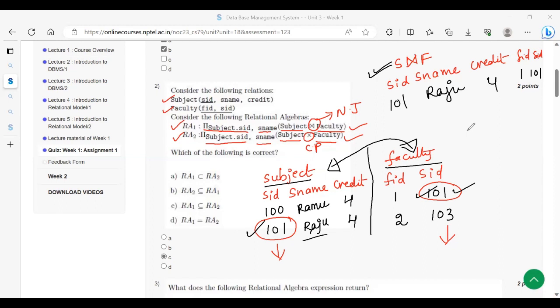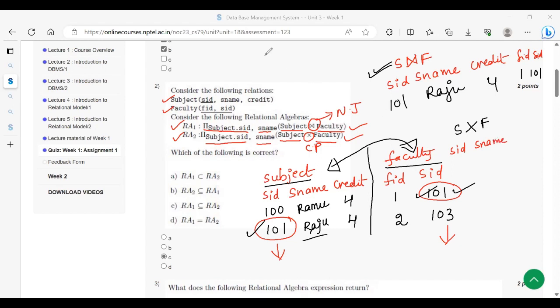So remember, cross join. If I say cross join again, S cross F. Now we are talking about the cross join. What are the fields under the cross join? Again, it comes under SID and S name.